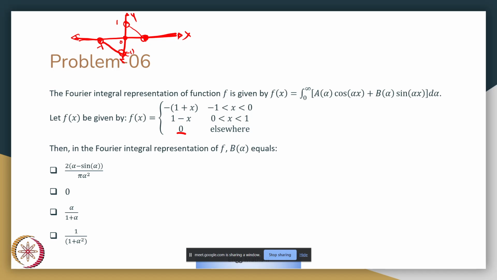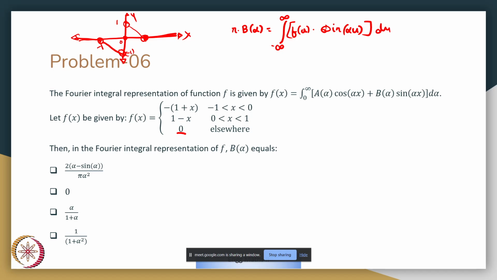Again, we can see that it is absolutely integrable as well as piecewise continuous, meaning the Fourier integral representation is valid. And now we calculate b of alpha. So pi times b of alpha is nothing but the integral from minus infinity to infinity of f of u sine of alpha u du.